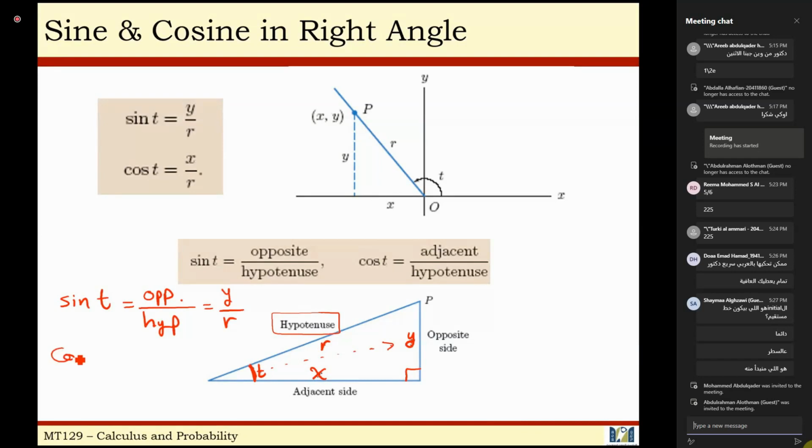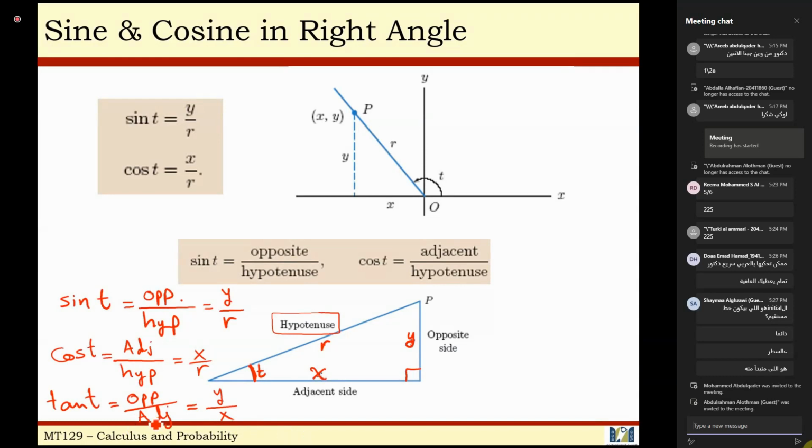If we need to find the cosine of t, it equals adjacent over hypotenuse. So this equals x over r. But the tan of t is opposite over adjacent, so we have y over x. You must memorize this.